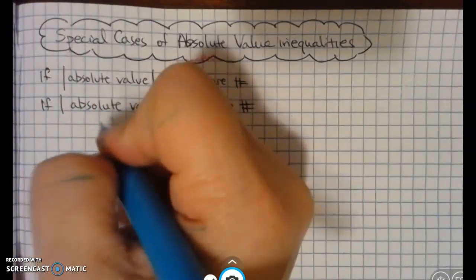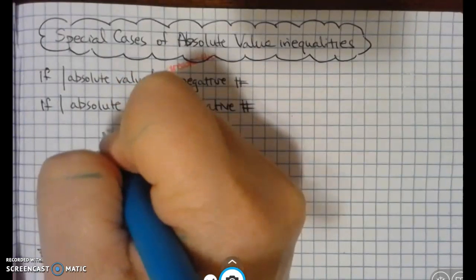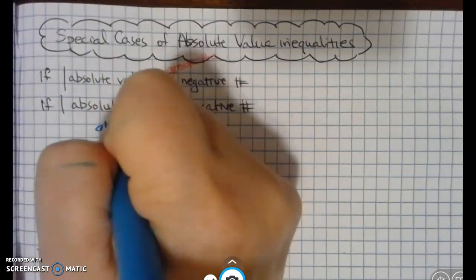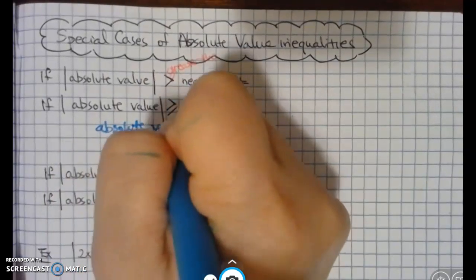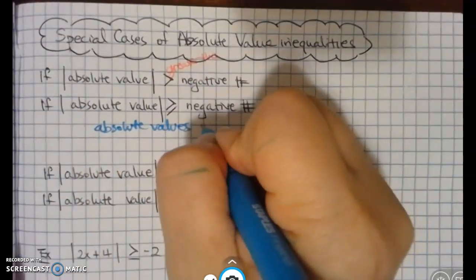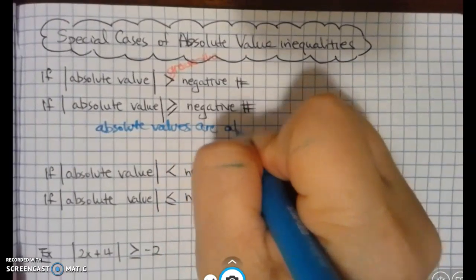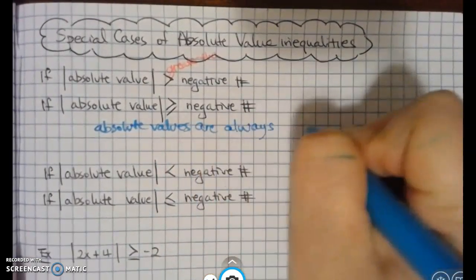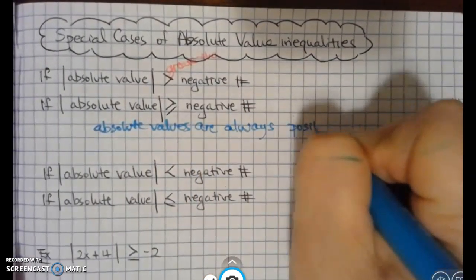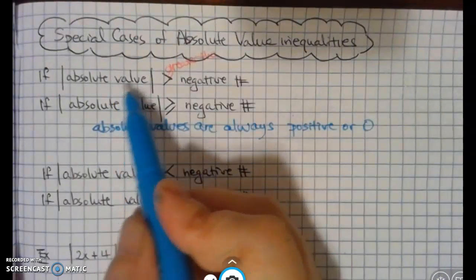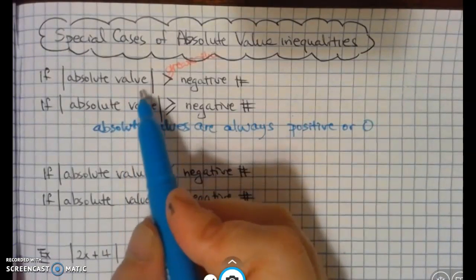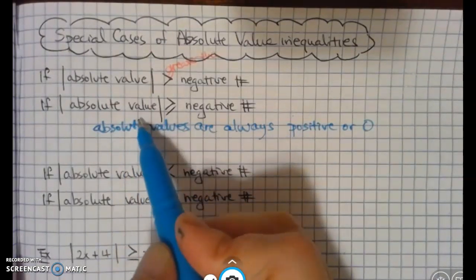So I'm going to write that: absolute values are always positive or 0.